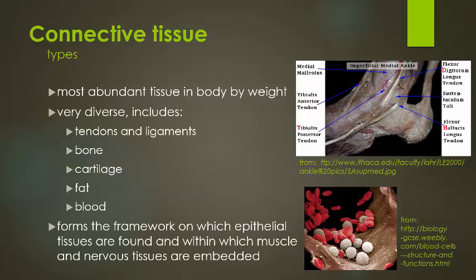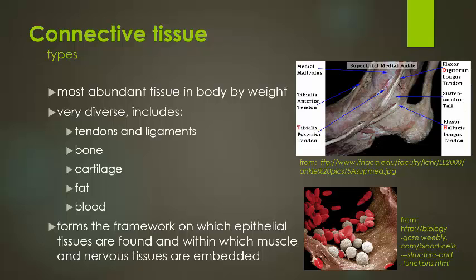So here we go. Connective tissues are by far the most abundant of the body tissues by weight, and they're very diverse as well. So there's a whole lot of them, and there's a lot of different kinds of connective tissues.